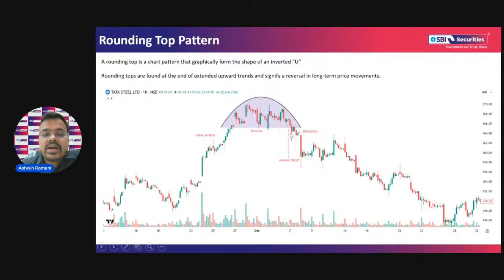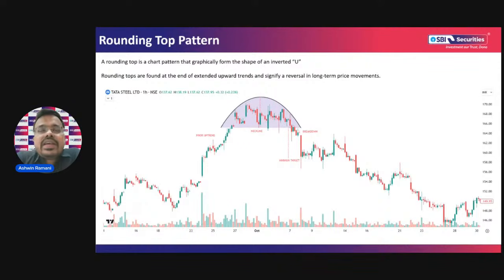So at the breakdown, you will sell, keep your stop loss some points above the neckline, and calculate the distance from this high until the neckline, and you will see where the minimum target for the rounding top pattern is.